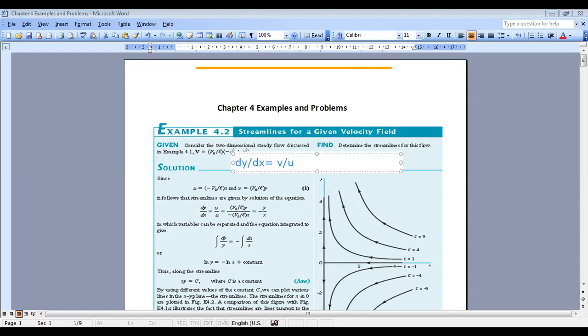Where u and v represent the velocity components along x and y. So if you have a flow field, it is defined by u, v, and w, which represent the components of the velocity vector. Okay, so here, because it's a 2D flow, we have only u and v, and w is 0.